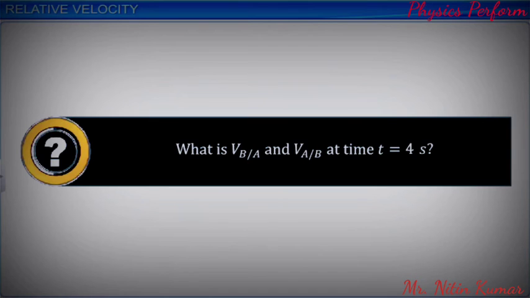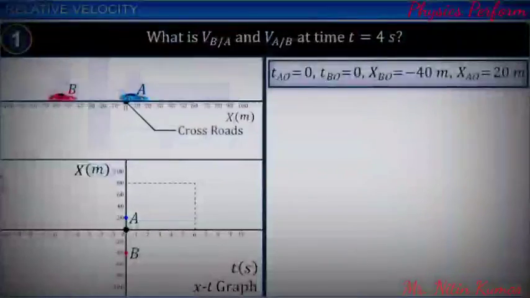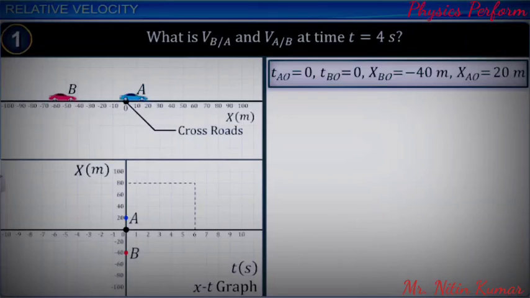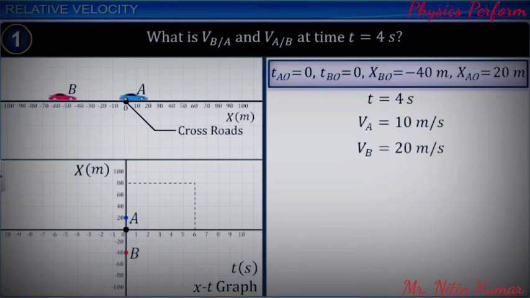1. What is VB by A and VA by B at time t equal to 4 seconds? As A and B are moving with different uniform velocities, the values of t, Va and Vb are 4 seconds, 10 meter per second and 20 meter per second respectively.